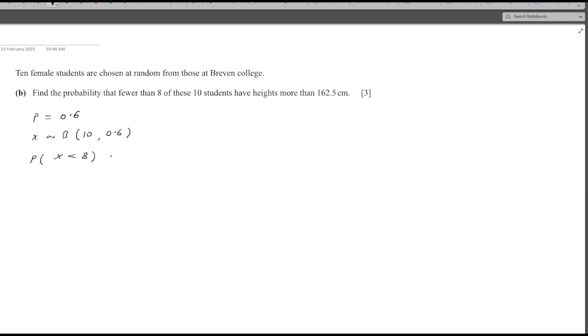Now probability of X less than 8 is simply 1 minus probability of X greater than or equal to 8. This will be a little easier.